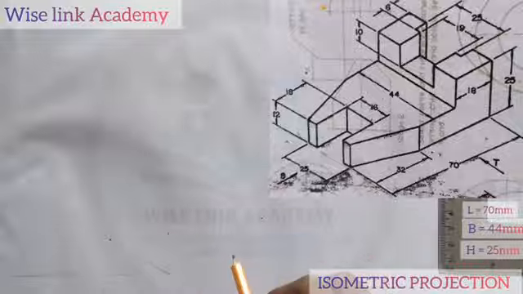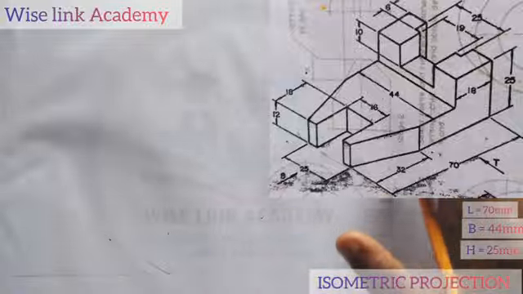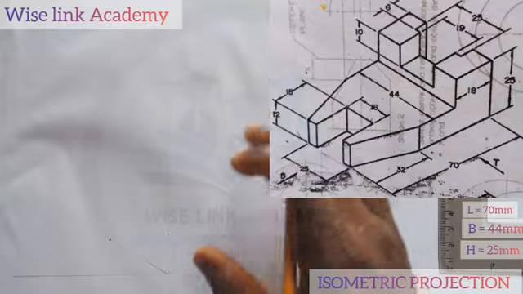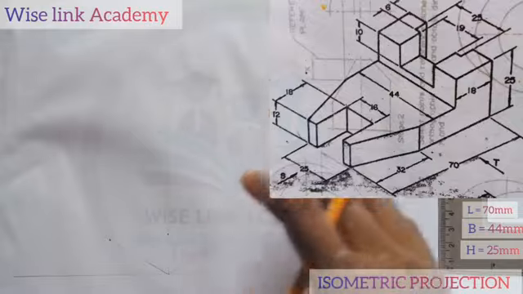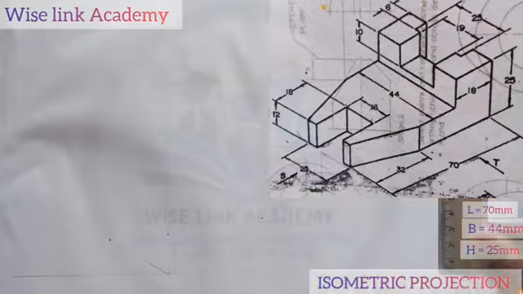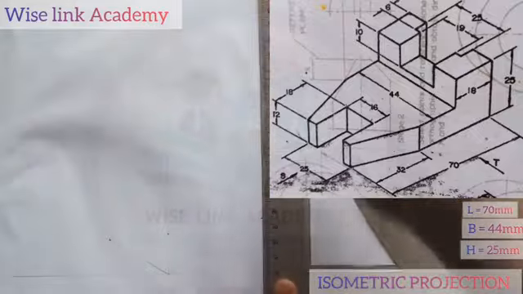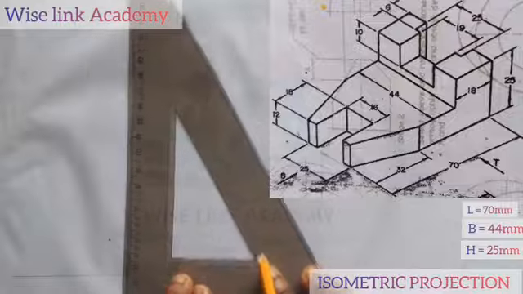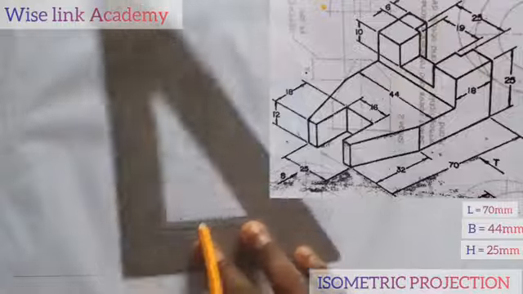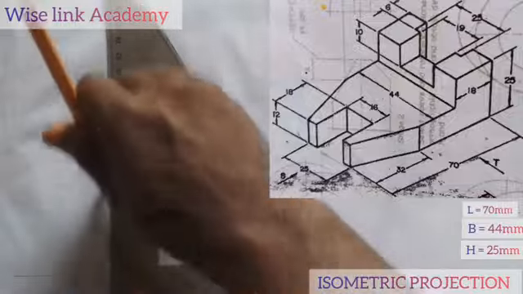With these 3 points, I can easily produce the box from which the figure you are seeing at the right corner of the screen is obtained. With the help of my set square this way, I'll draw a vertical line upward, up to this point here. At this point, a vertical line upward.